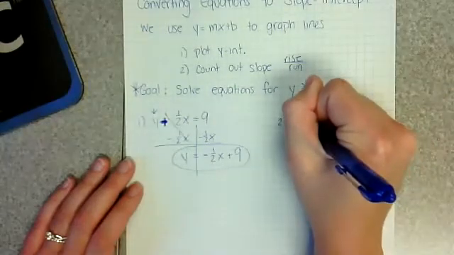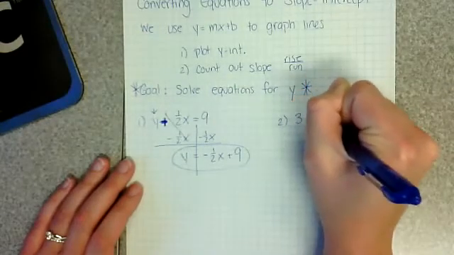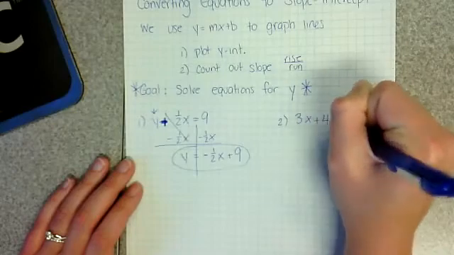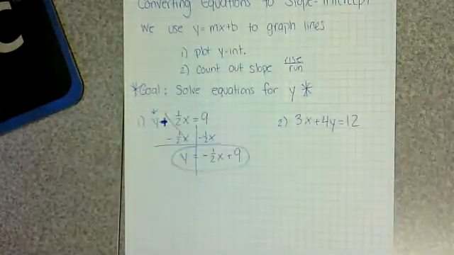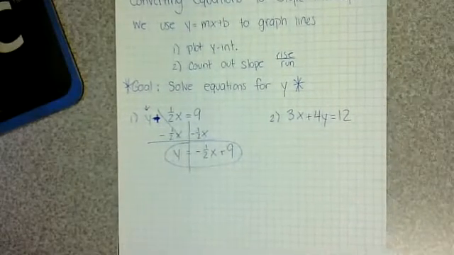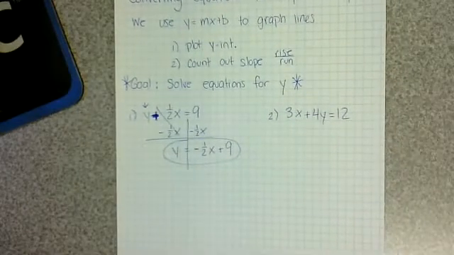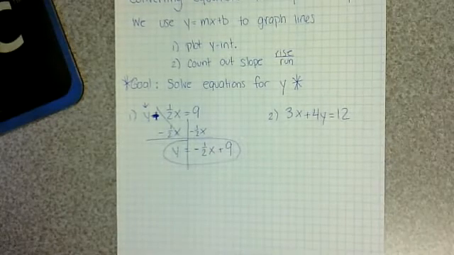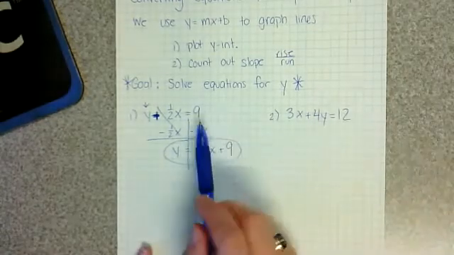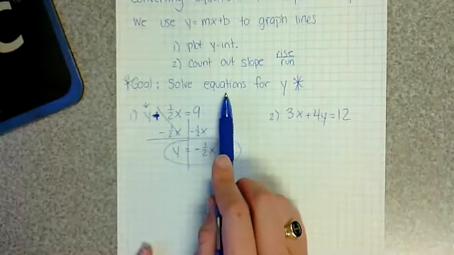So we're going to do 3x plus 4y is equal to 12. Again, our goal, we said, is to solve for y.